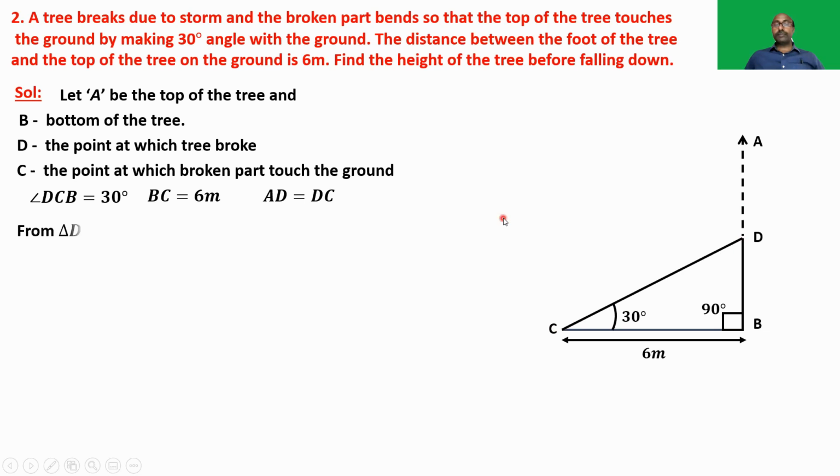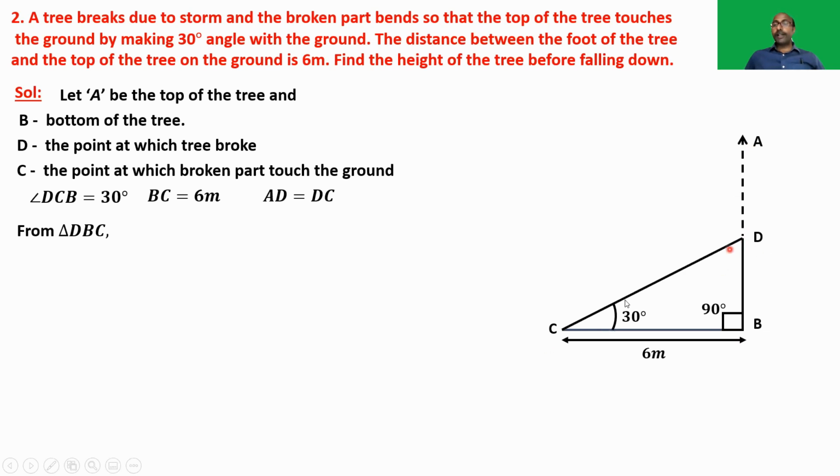Now, from triangle DBC, what do we have to find? Here the required height is the height of the tree before falling down. That is the length of AB we have to find. But what is the length of AB? Length of AB is the sum of both AD and DB. And we have AD is equal to DC.